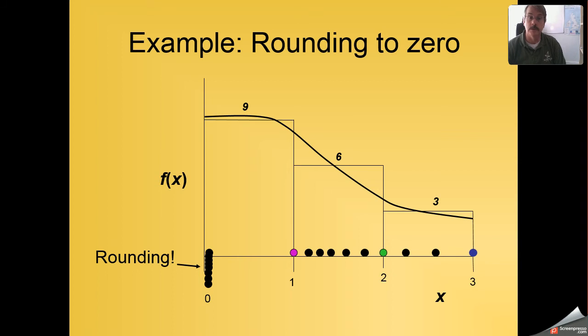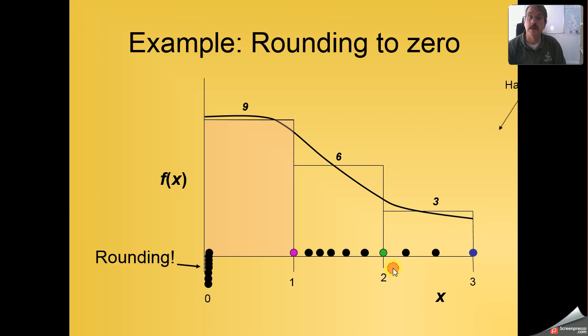Now, notice this chi-square test doesn't resolve that those distances are all at 0. It simply says, well, they're somewhere between 0 and 1. And so the height of this histogram is still 9, as is this one 6 and this one 3.